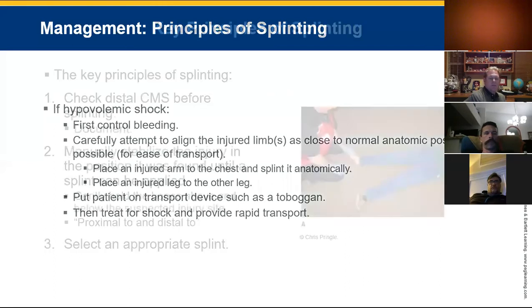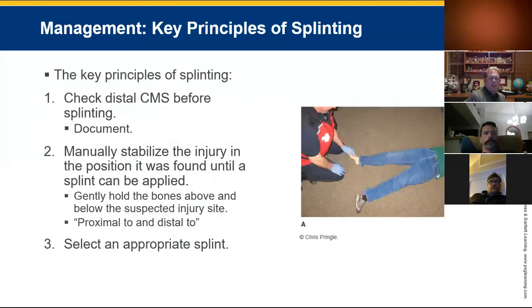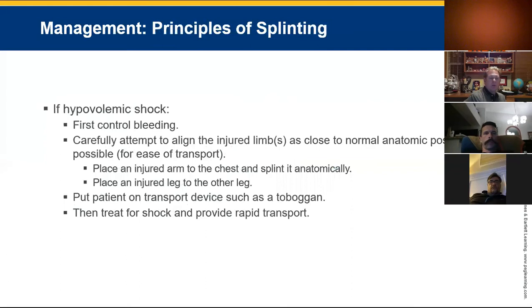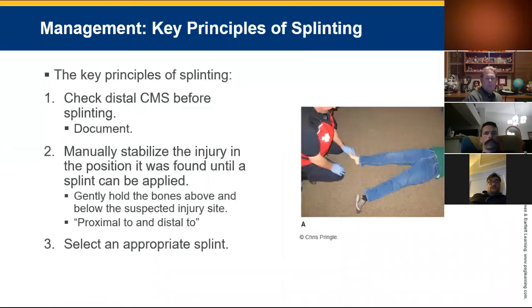With a femur fracture, a lot of times you want to marry those two legs up. It helps keep them stabilized. Same way with the arm, splinting it to the chest gives it more stabilization, especially when you're doing the transport in a toboggan. We talked about this at length, the CMS before and after. You want to document, mark.